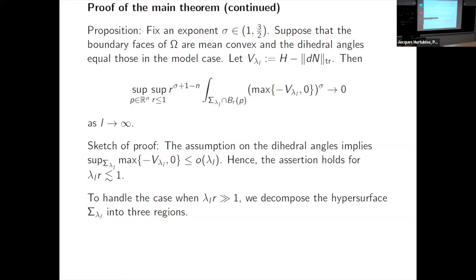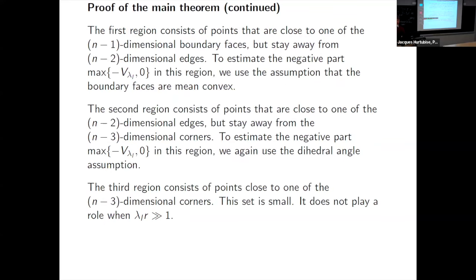And then the second case is when the radius R of your ball is much bigger than 1 over lambda, so it's much bigger than the smoothing scale. And in that case, the way to do it is to break up the region into 3 subregions, where you have one region that contains points that are close to one of the faces, but stay away from edges.